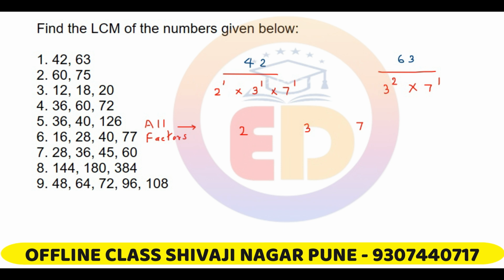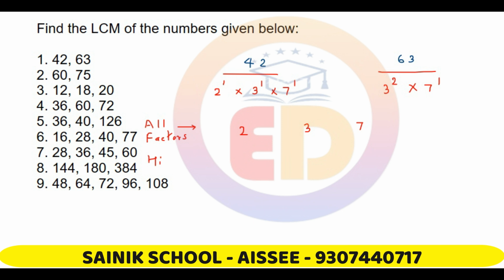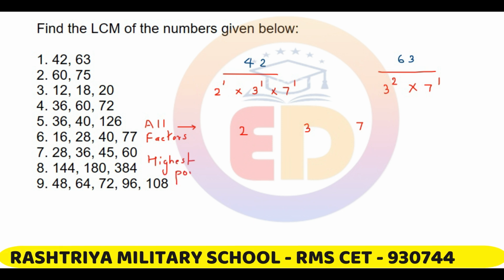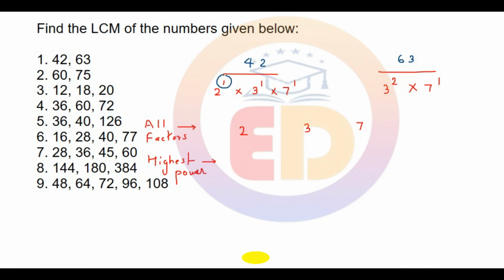After taking all the prime factors, we have to take the highest power. Now highest power of 2. Now say 2 has appeared only once and its only power is 1. So there is no question of highest power.